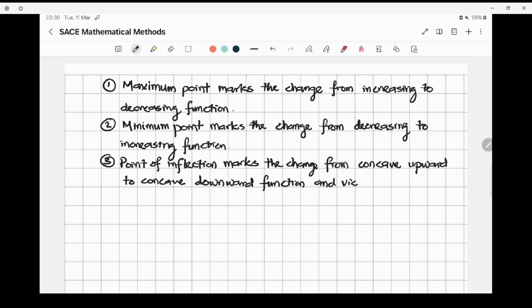Vice versa means it's either concave upward to concave downward or concave downward to concave upward.